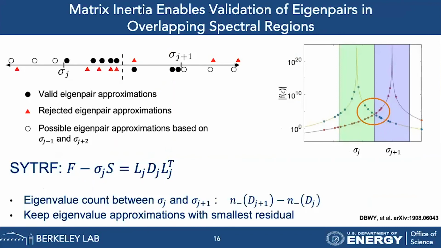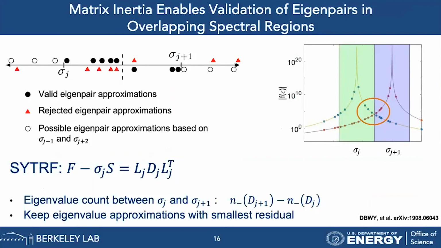So once we have a set of approximations that we've obtained in parallel, we have to validate to make sure that we didn't double count eigenvectors or are missing eigenvectors in some spectral region in the domain that we're interested in.